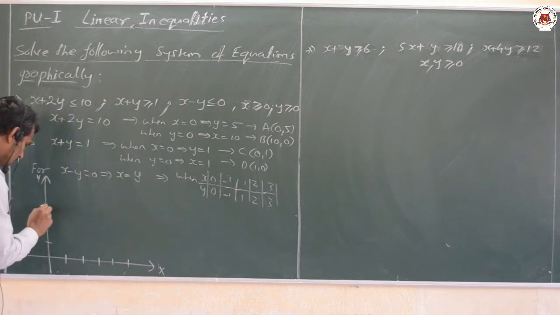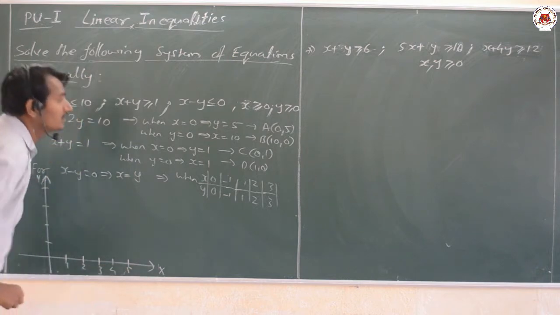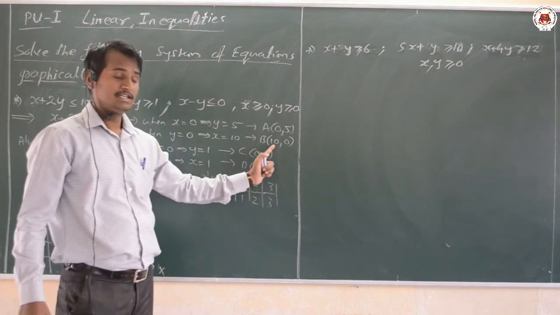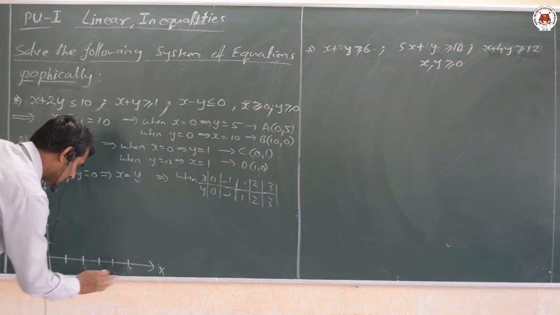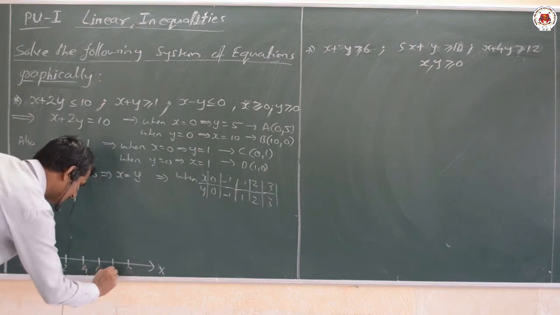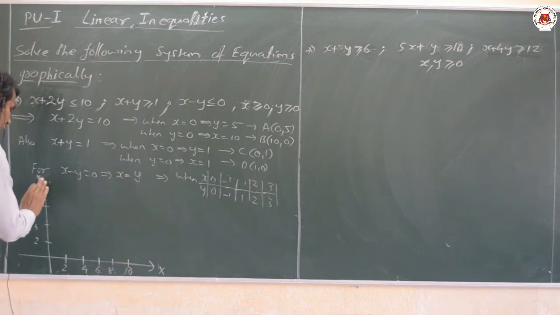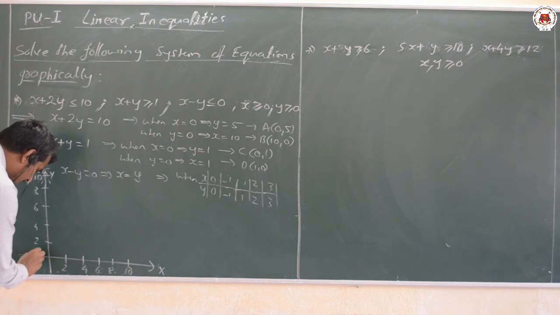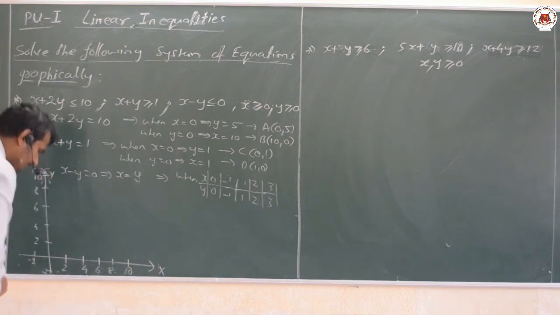But here the value is 10, therefore I have to take the scale as 2, 4, 6, 8, 10. Here also 2, 4, 6, 8, and at last 10. Here the point will be minus 1, and here also minus 2.